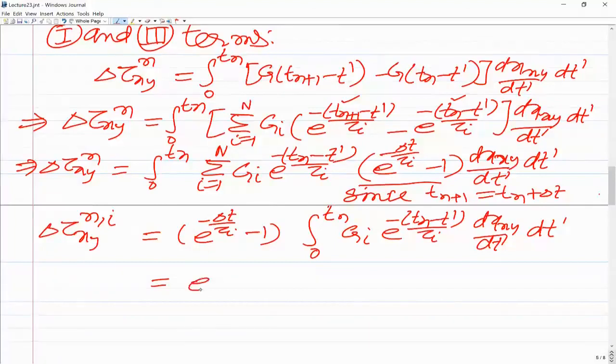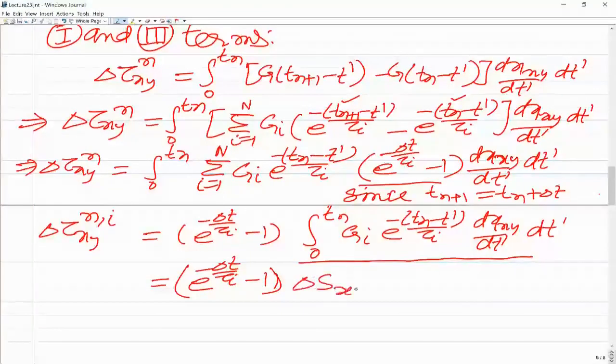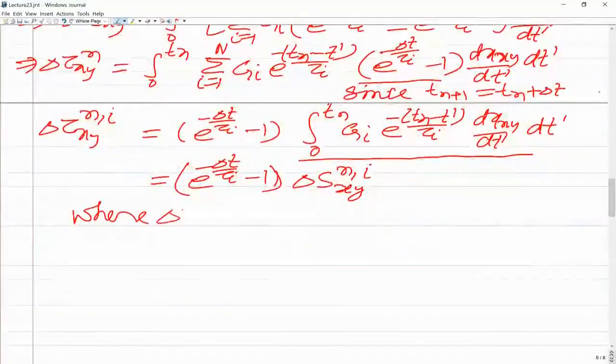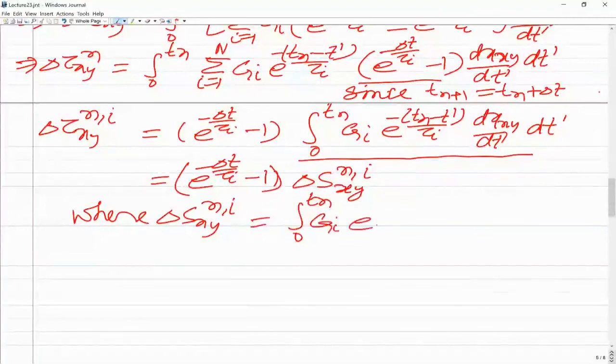So we can say that this term, e to the power minus delta t upon tau i minus 1, and this whole entire term, let us say delta sxy n comma i, where this delta sxy n comma i is the integration of e to the power minus tn minus t dash upon tau i into d gamma xy by dt dash into dt dash.